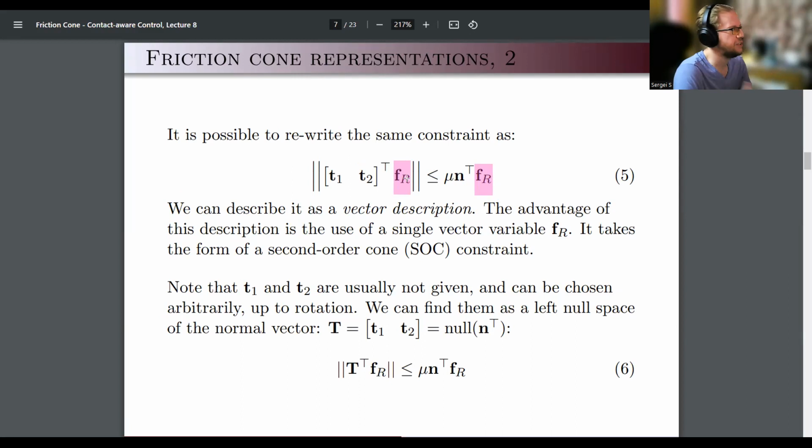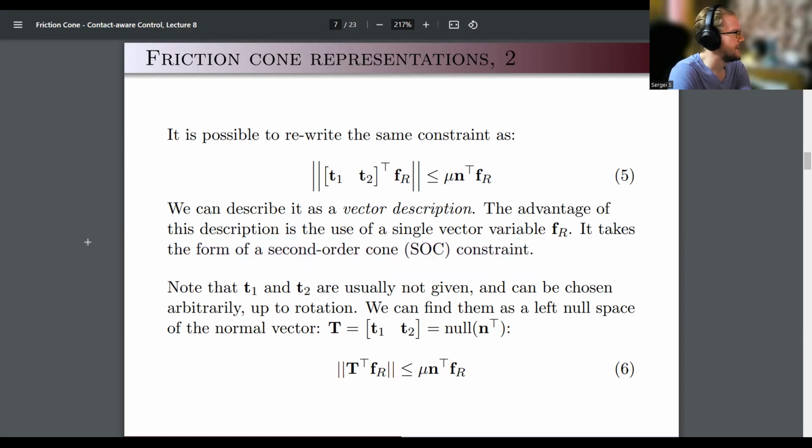It is quite explicit, so we can use it right away without any additional work. We don't have to ask ourselves what the programmer understood by the basis if we write code. Here is a basis, quite explicitly, and here is the vector. It can be anything in R3. And it takes the form of a second order constraint, so for your solver, this is directly in the correct form.